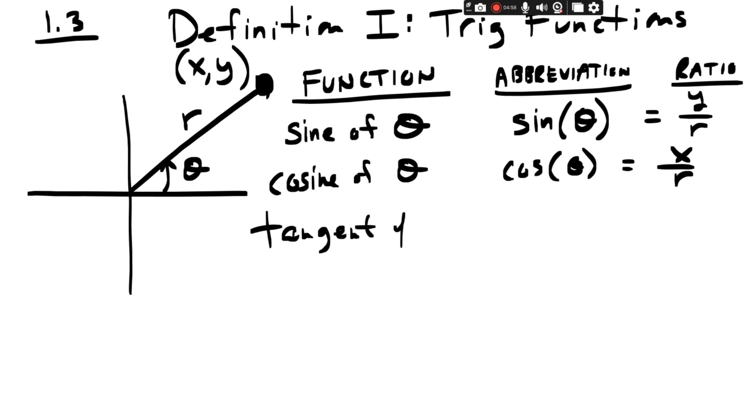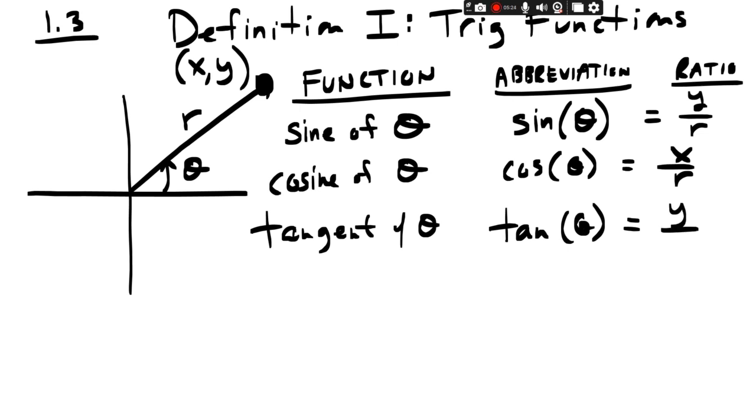Next one is tangent. Tangent of theta. Abbreviation? Tan. Yep, the abbreviation is TAN, but we still call it tangent. Tangent of theta. Anybody want to guess the ratio? There's no z, so it'll only be two numbers.